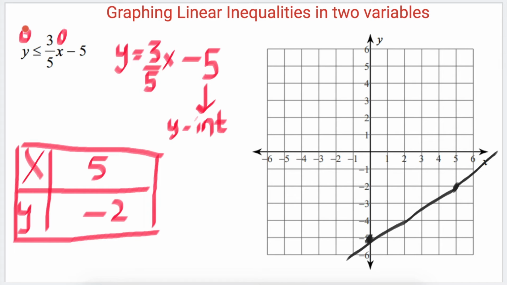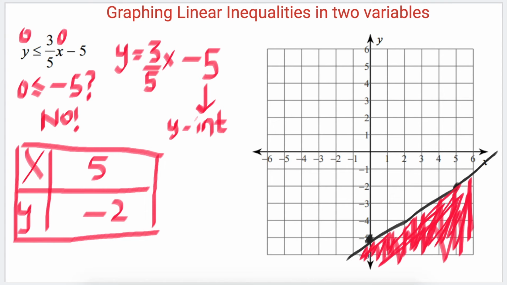So when I plug in 0, I get 0 is less than or equal to 0 times this fraction, which is 0. 0 minus 5 is -5. And then I ask myself, is 0 less than or equal to -5? The answer is no. That means in my graph, I want to choose all the values that do not include 0. So my final answer is going to be a graph that looks like this.